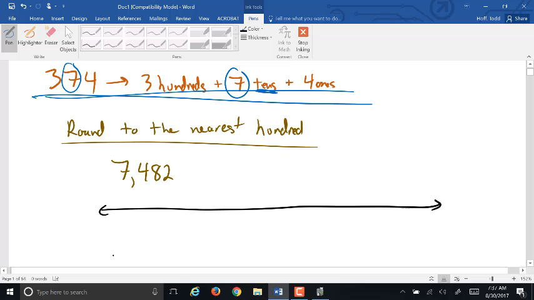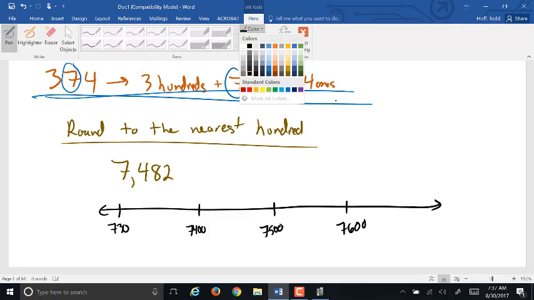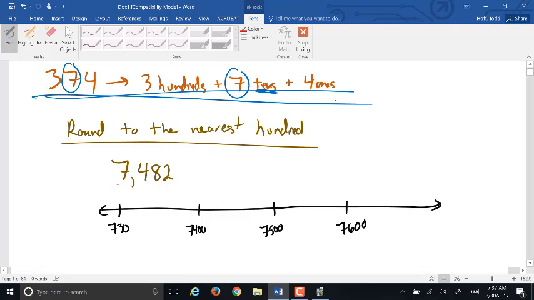And what it's telling us is we consider a number line that's only numbered to the nearest 100. Like 7,300, 7,400, 7,500, pretend these are evenly spaced, 7,600, and so on. And then consider this number, 7,482, on that number line.